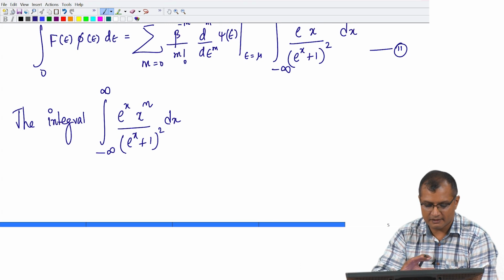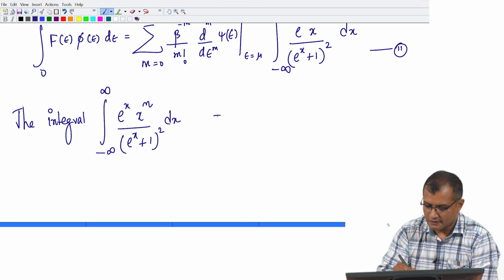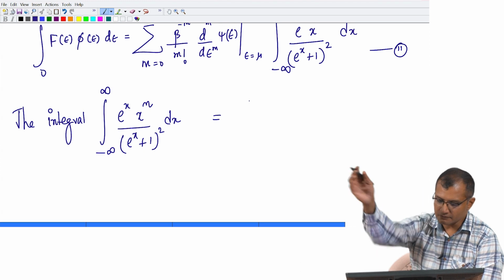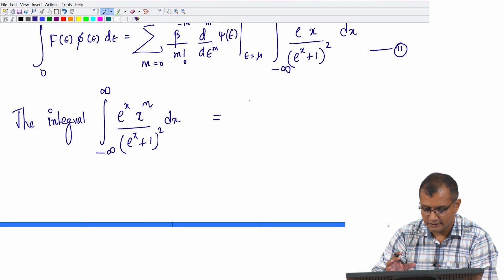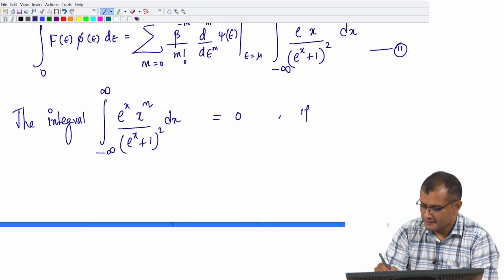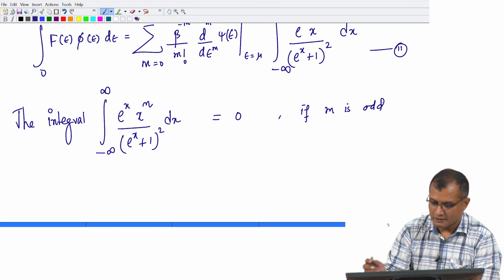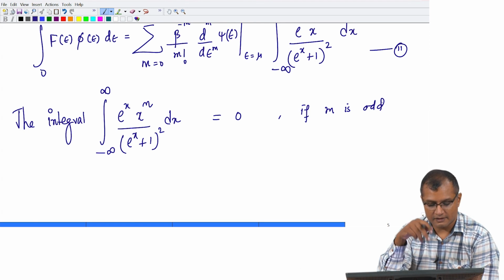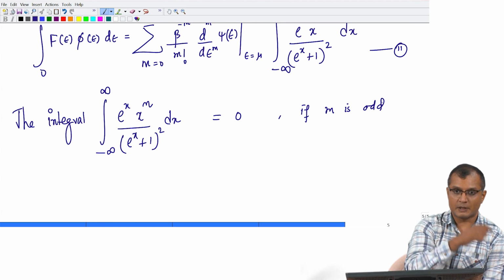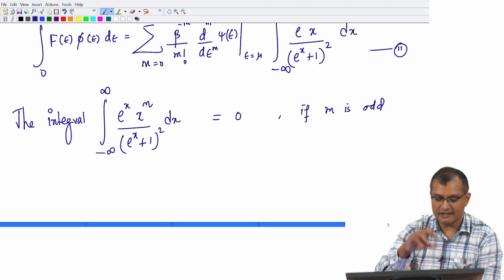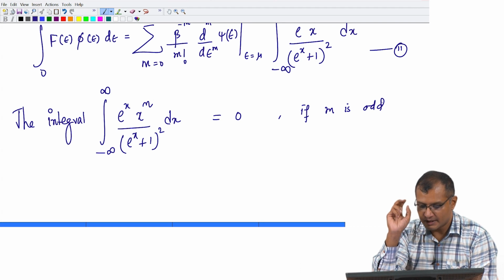First of all, this integral is 0 for values of m which are odd. Look at the interval of the integral, it is from minus infinity to plus infinity. Okay. So, if the integrand here is odd, then the integral is 0.